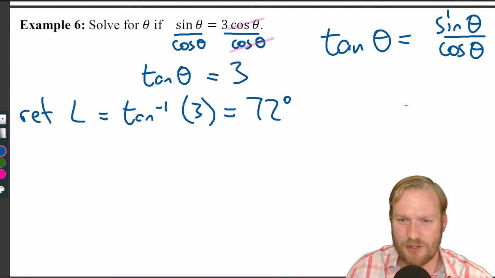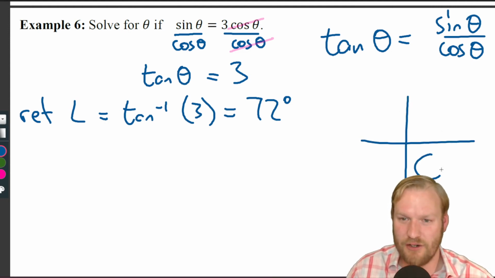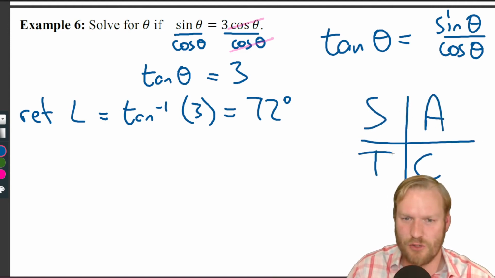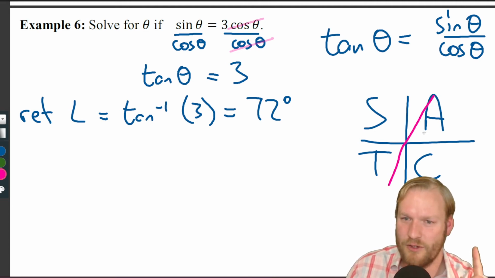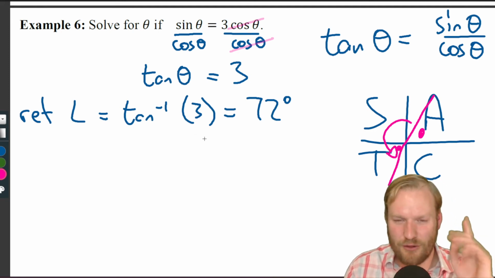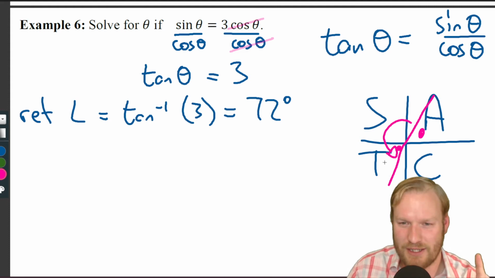Tan theta is positive. So our CAST diagram tells us which quadrants we're in, except we don't need our CAST diagram. Because if tan is 72, then we've got 72, or we've got 180 degrees plus 72. But the tan graph repeats itself every 180.